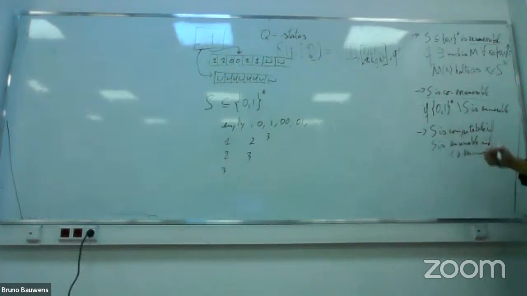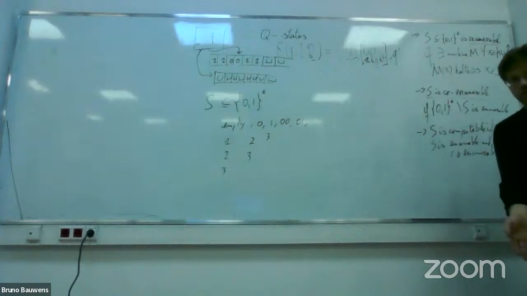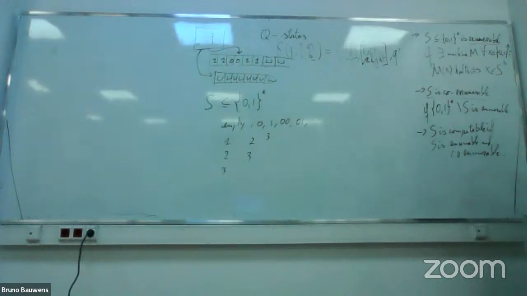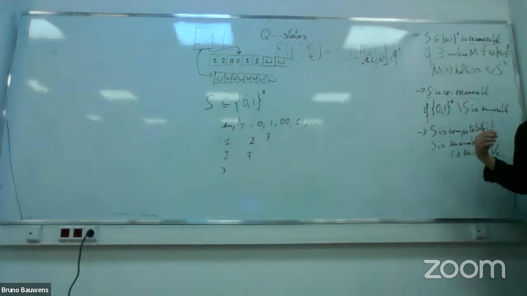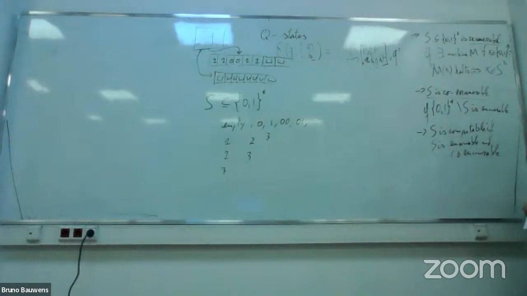If S is computable, then there is also a machine that on input a string prints 0 if it's not in the set and 1 if it's in the set. So how does this machine work? It's an equivalent definition. Imagine that the set S is both enumerable and co-enumerable.